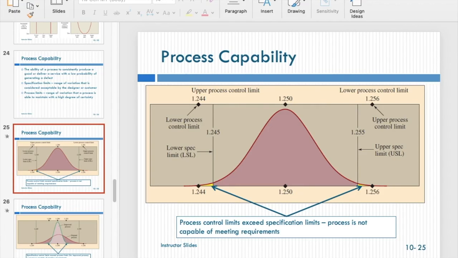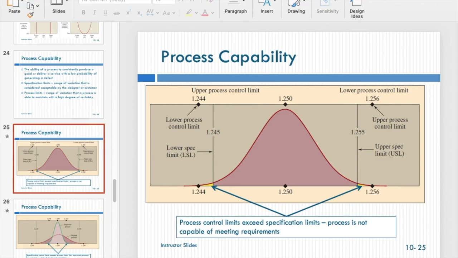Here, if the specification limit is here, and the process control limit is like this, which area corresponds to the area that's actually producing defective products? What are the areas? It's this yellow area plus this yellow area. So basically the sum of these two areas corresponds to the probability of having defective products.